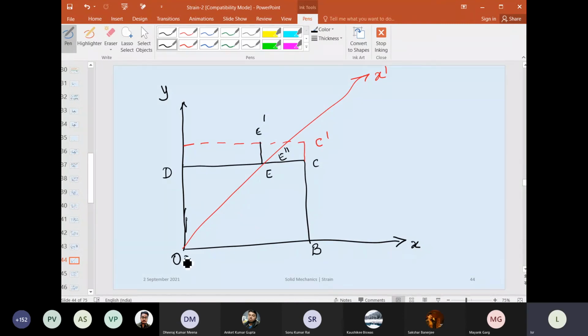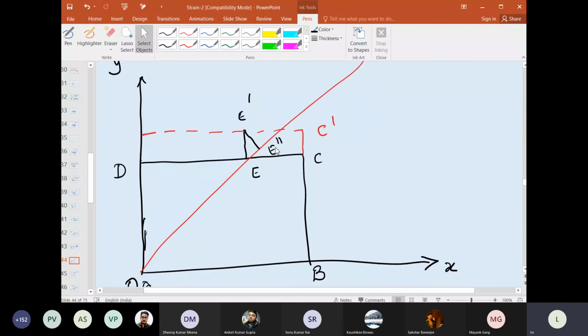Now again you will have to find out. Similarly, one can do it for shear strain, so there is not much problem.